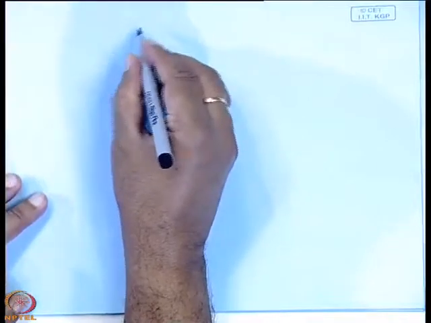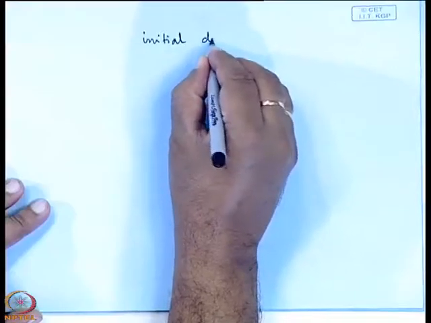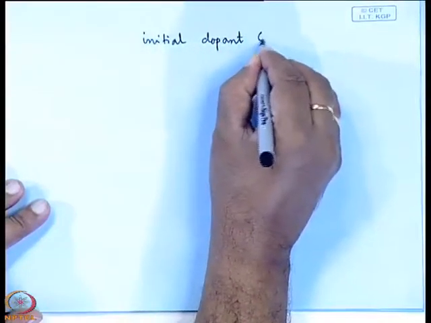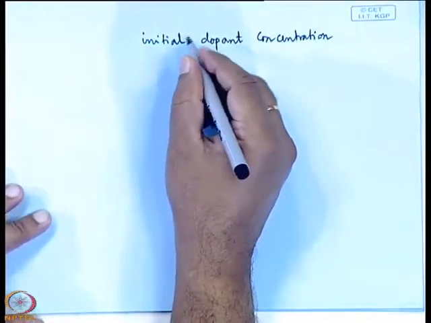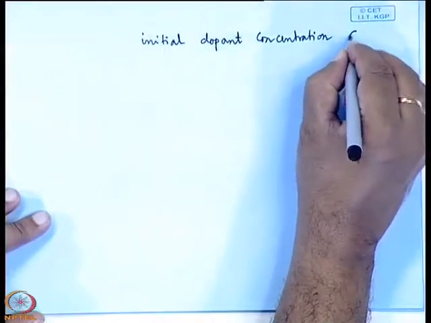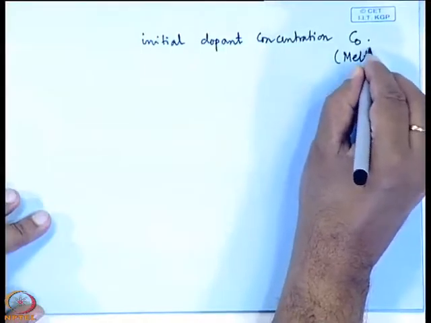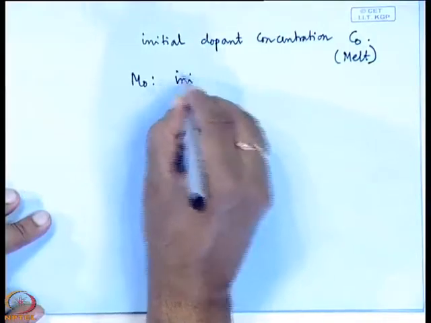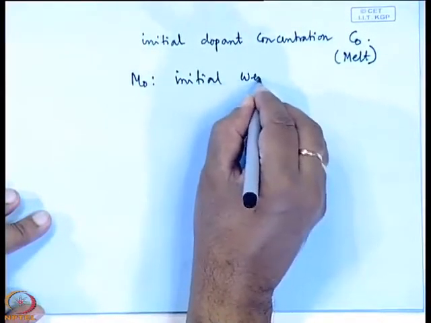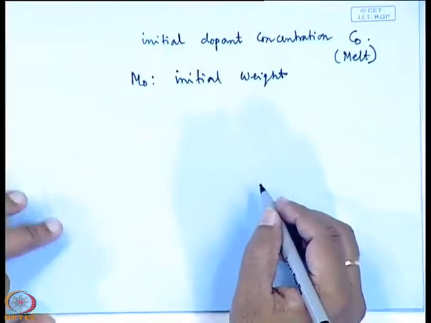You see that suppose there is a crystal, and the initial dopant concentration in the melt is say C 0, and M 0 is the initial weight.